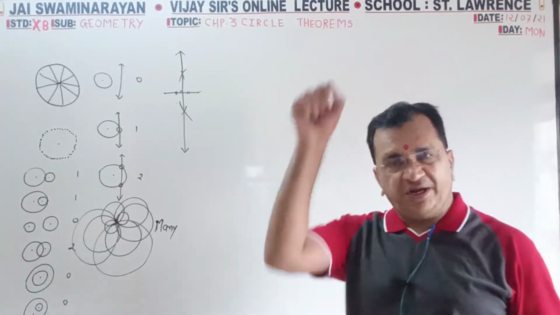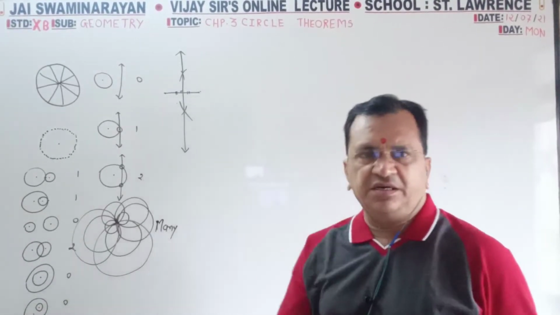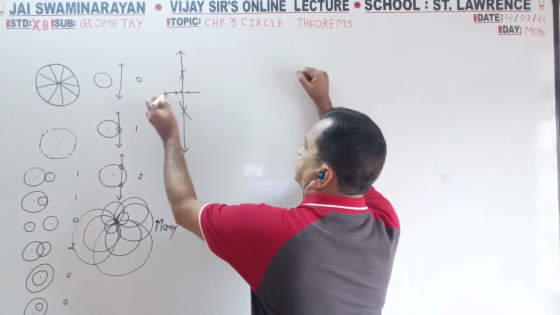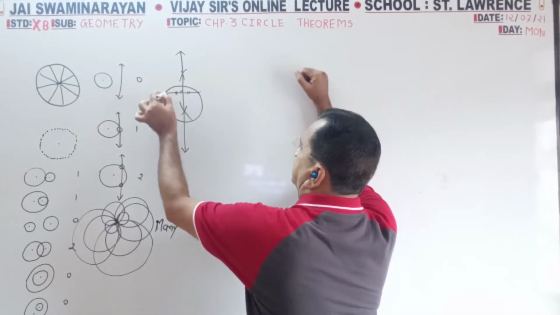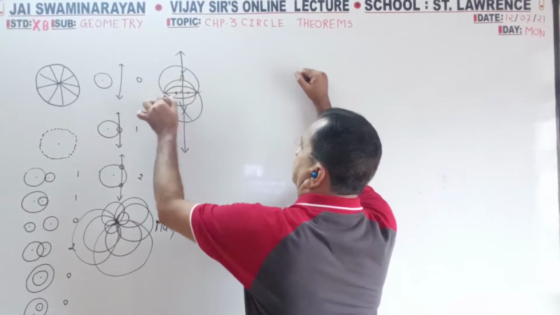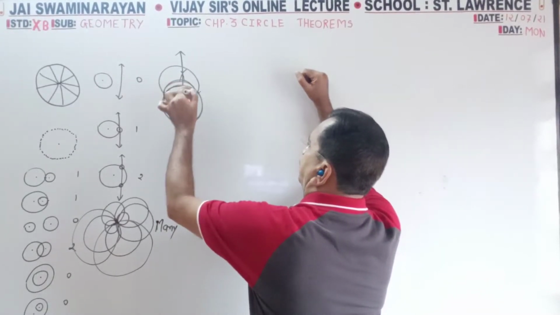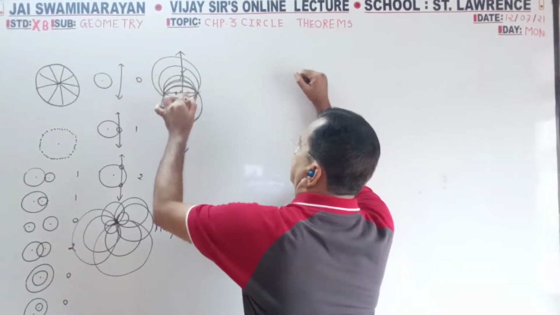Now on the perpendicular bisector, take a point and take this much. So this is one circle, two circles, three circles, four circles, five circles, six circles.